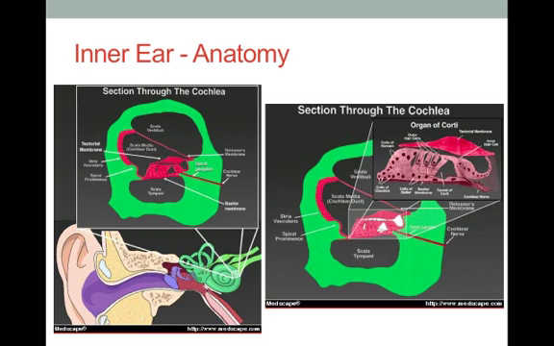So in this illustration, again, you're seeing the breaking down of the inner ear cochlea. If we were to focus on each turn of the cochlea, you're seeing those three compartments with this organ of Corti lying at the top of the basilar membrane.